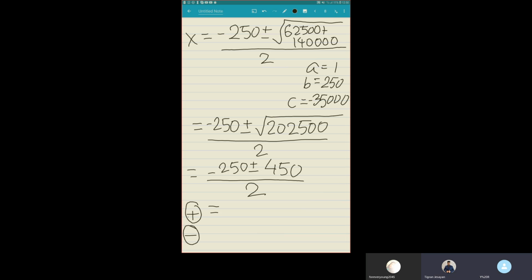Let me have a look. This 7,000 divided by 20 is 350, of course. So x1 is equal to 350.